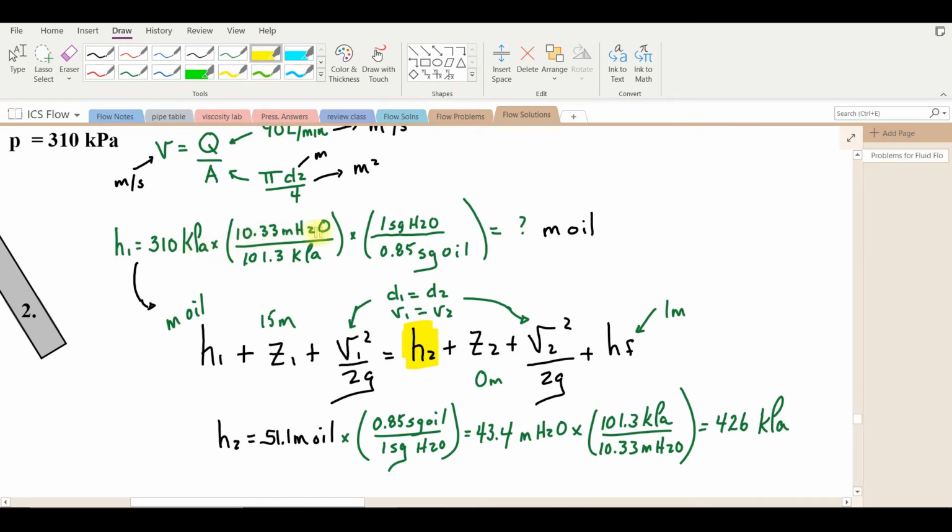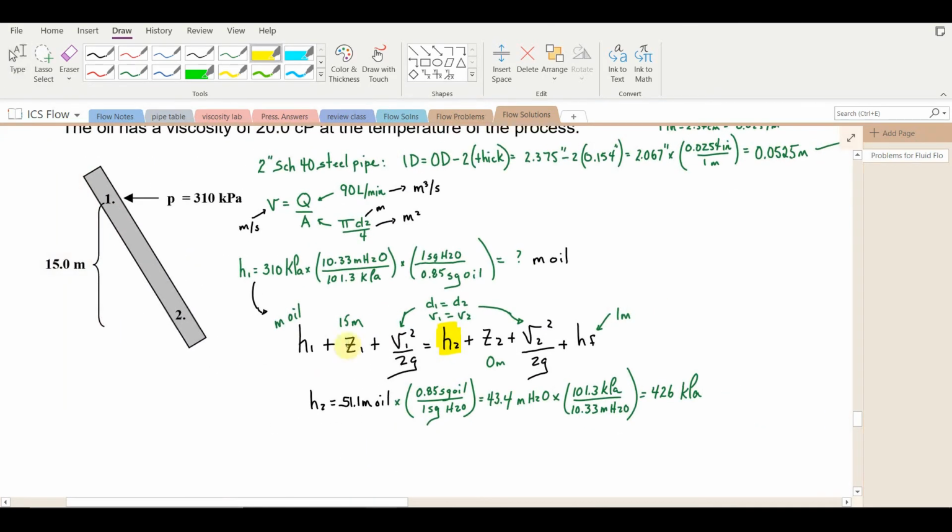There's 10.33 meters of water for every 101.3 kilopascals. That'll give us the meters of water, but then we need to convert that to meters of oil. And since the oil is less dense than water, the oil column must be higher, so make sure you divide by the specific gravity of 0.85, and that gives you the height of the oil. And that'll be this first term in Bernoulli's equation.